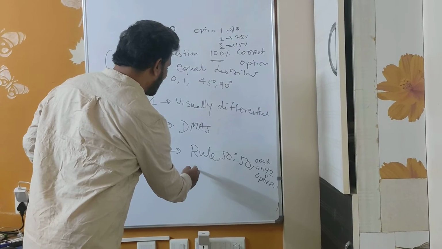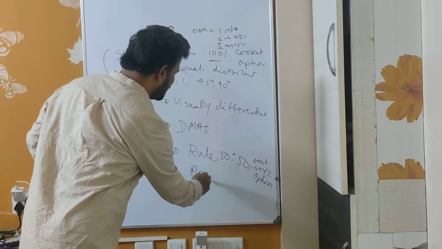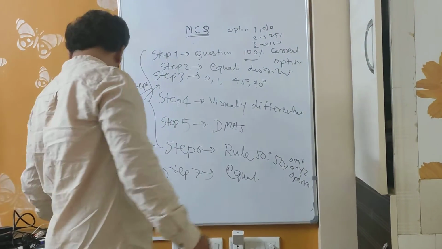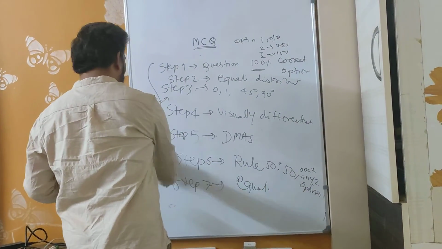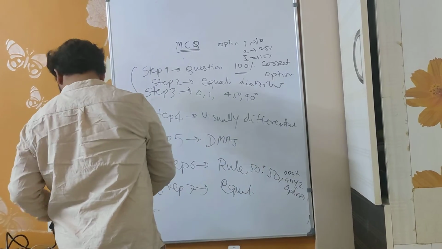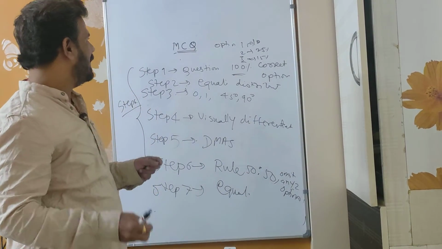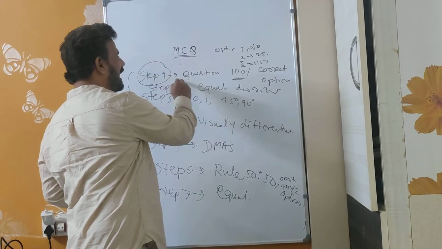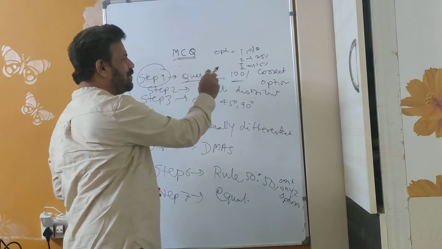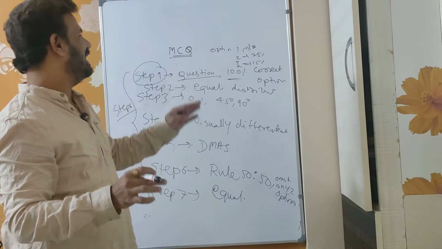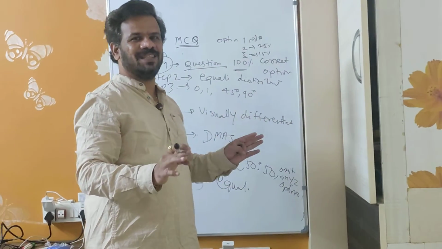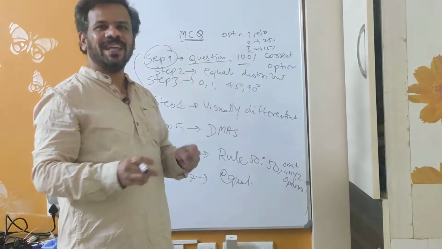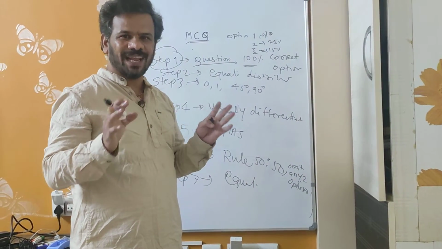again I will reiterate that of all these techniques, whatever I have listed down here, the most important basic is step number 1, you identify the questions which you know 100% that this option is the correct option. And to get to step number 1, you should have very good basic knowledge and thorough analysis.